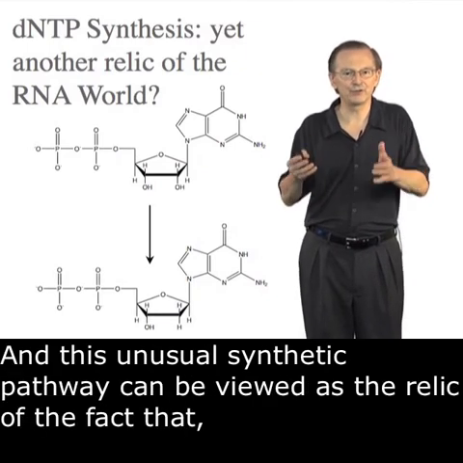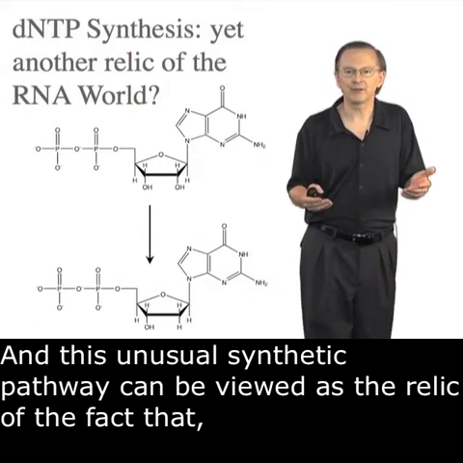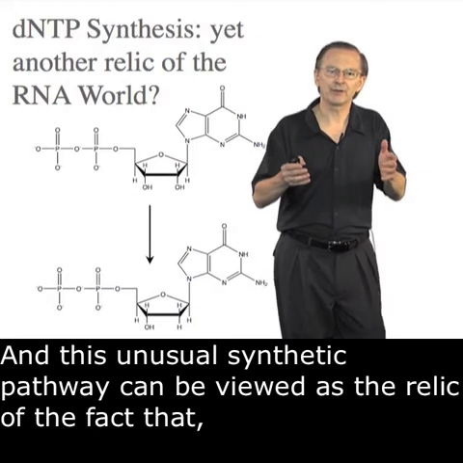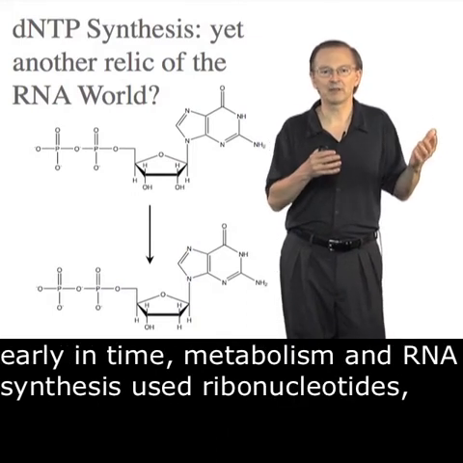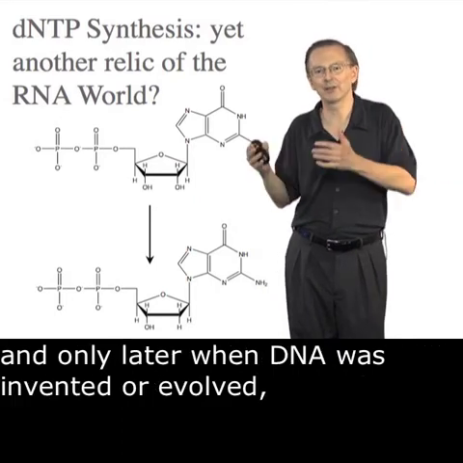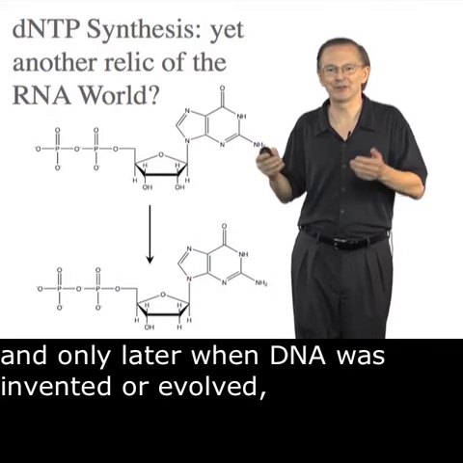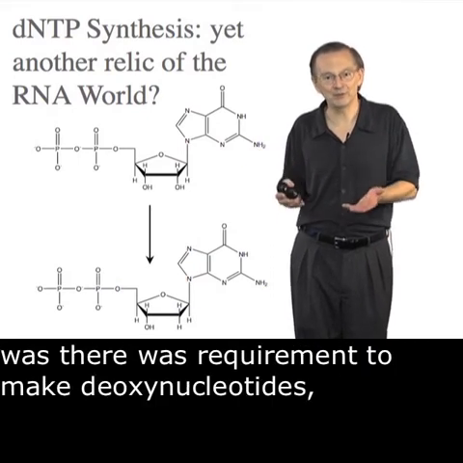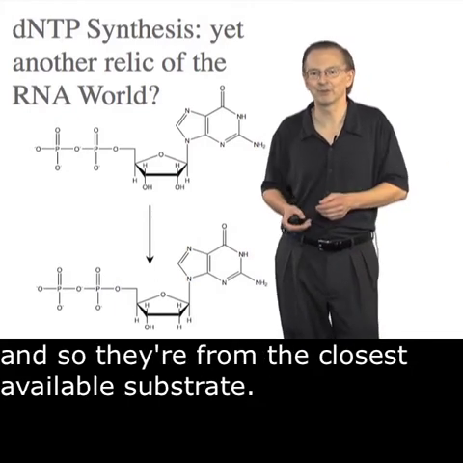And this unusual synthetic pathway can be viewed as the relic of the fact that early in time, metabolism and RNA synthesis used ribonucleotides, and only later, when DNA was invented or evolved, was there a requirement to make deoxynucleotides, and so they're made from the closest available substrate.